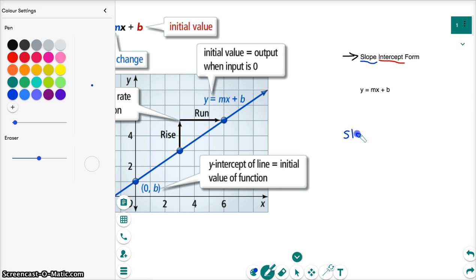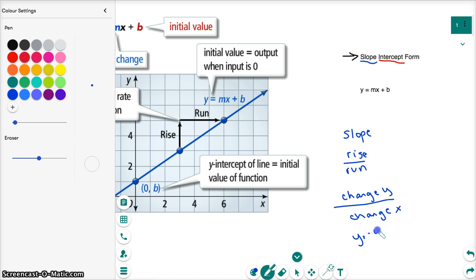So slope is rise over run. Rise over run. Or we can say the change in y's, or the difference in y's, the change in y over the change in x. And then there's a formula for it that we kind of jumped ahead to, but I want this to all be in your notes for today.